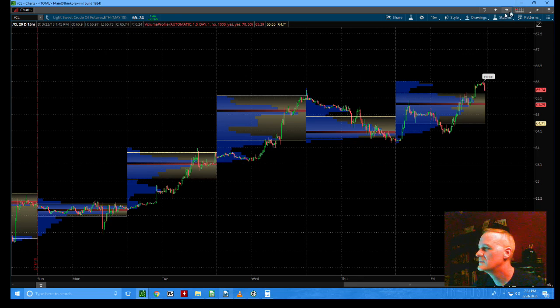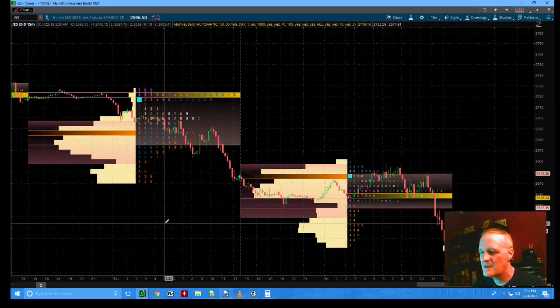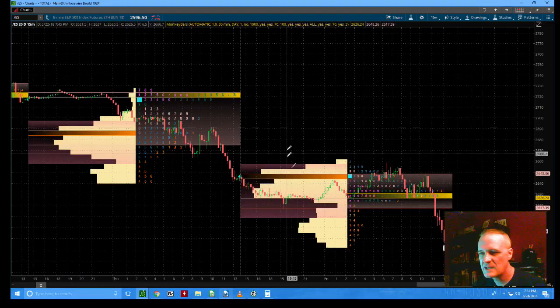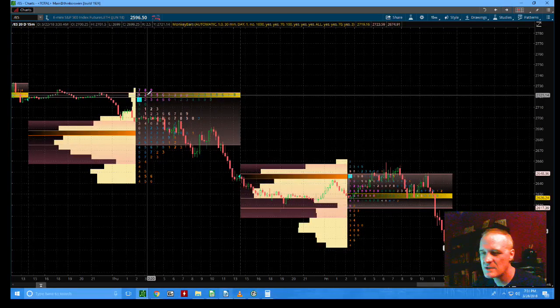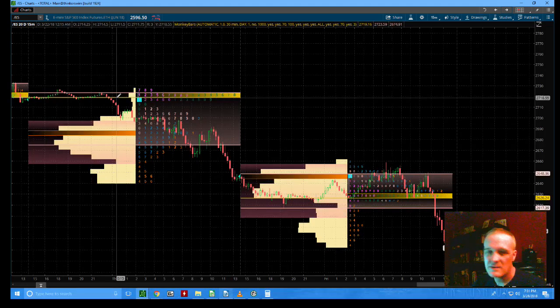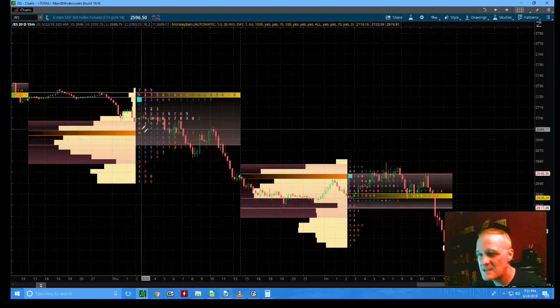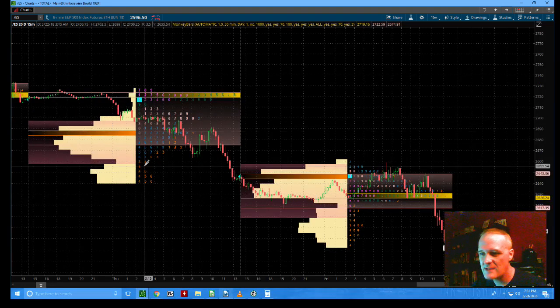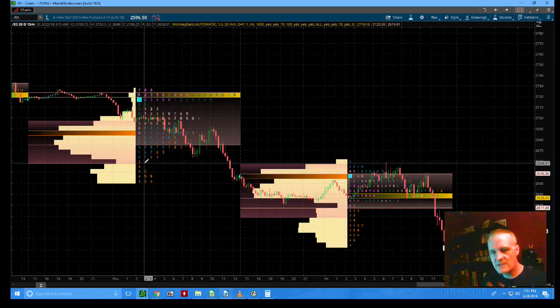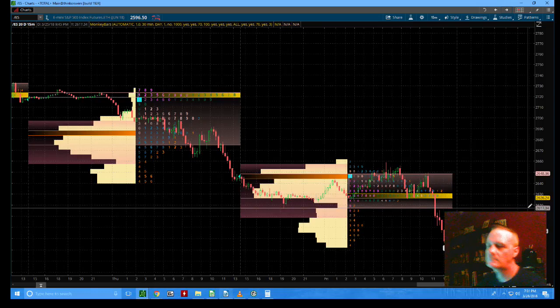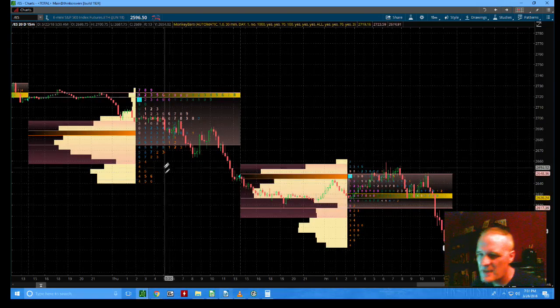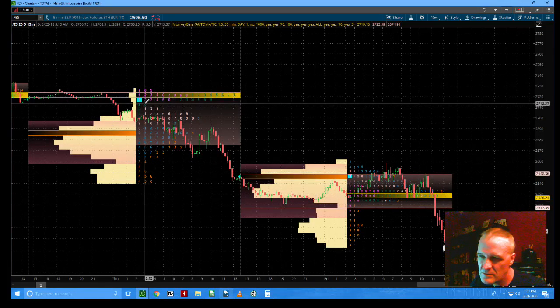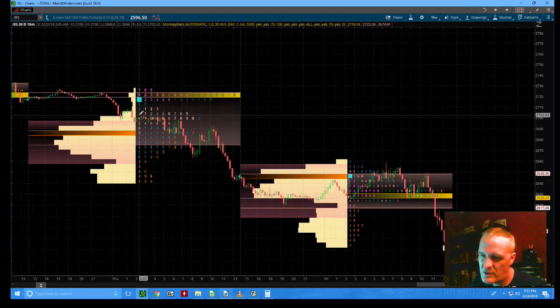Now there's also a time profile, and on this particular platform, instead of having bars, you have numbers. Some indicators use letters instead of numbers, but the point is that these represent periods of the day. Okay, so for example, what you see here, you see 0, 0, 0. That's the very first period of the day.